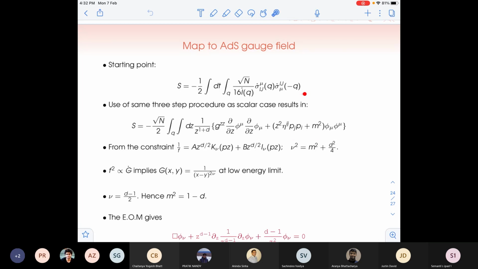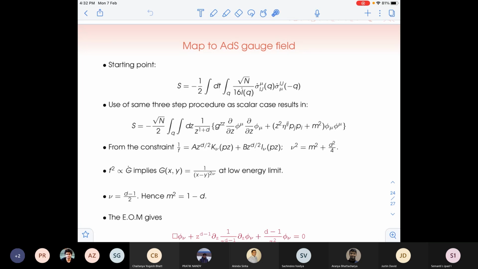You can easily see this looks like scalar only, but now the number of scalars is d. So these are d scalar fields. You can use the same field redefinition and change of variable, and you will end up with this scalar equation. But we have to fix the m square.